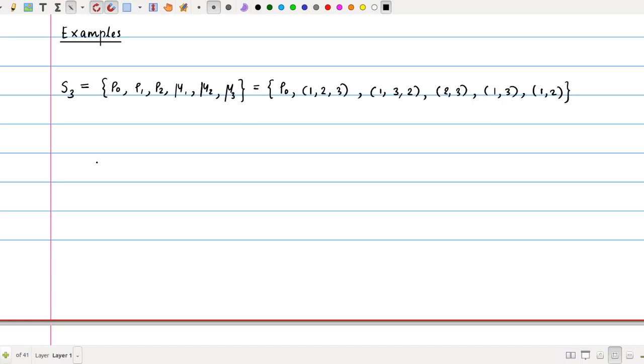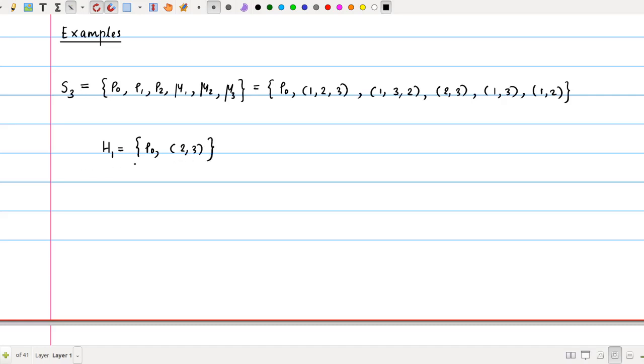In the last class we discussed the subgroup A3. Now we consider another subgroup of S3 consisting of rho 0 and a 2 cycle, which I have chosen as (2, 3).